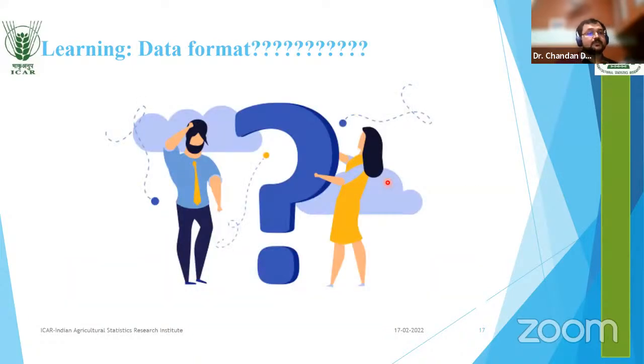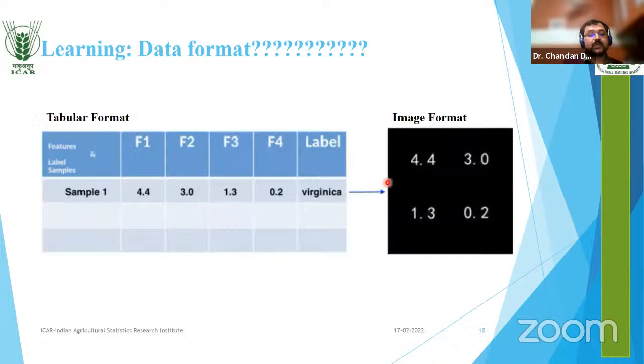So the question is, whenever we are talking about machine learning and this part of the AI concept, what is the data format? This can be thought of like a table.